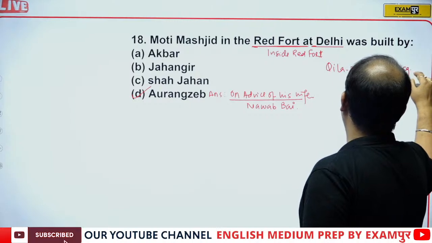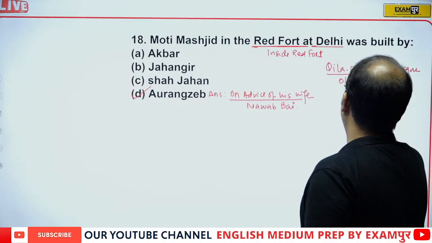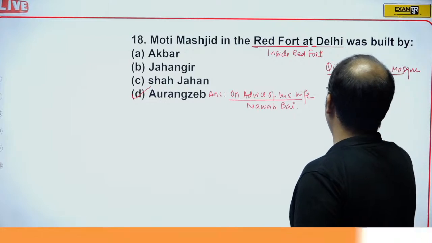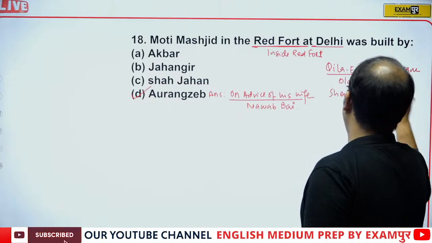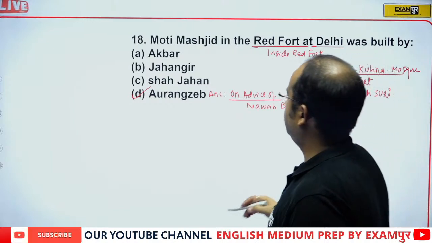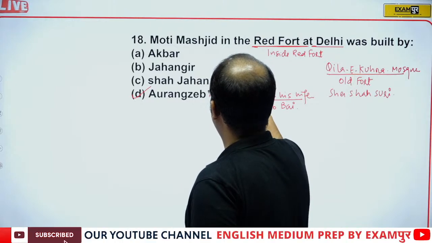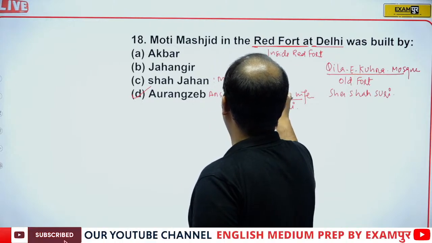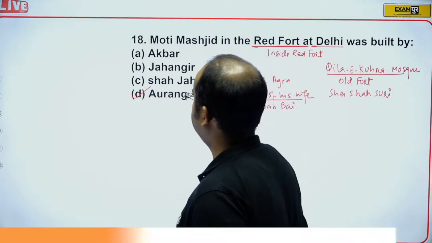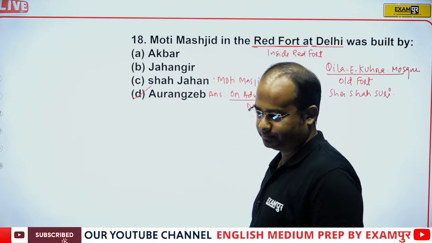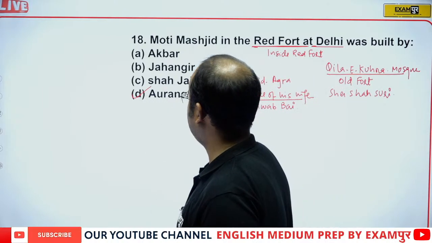And Shah Jahan also constructed a Moti Masjid, that was in Agra. So the correct answer will be, guys, option D, that is Aurangzeb.